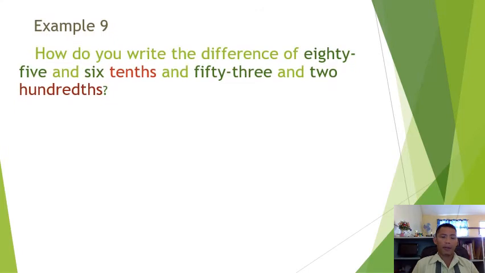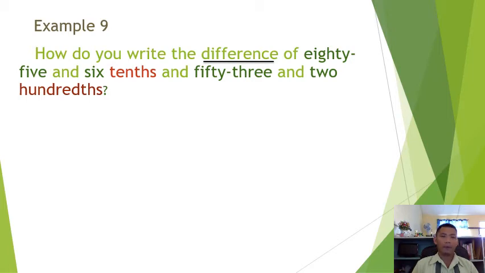example number 9. How do you write the difference of 85 and 6 tenths and 53 and 2 hundredths? The word underlined here is difference, so the operation is subtraction. If we look at the numbers, 85 and 6 tenths, the numbers have a whole number and decimal numbers.